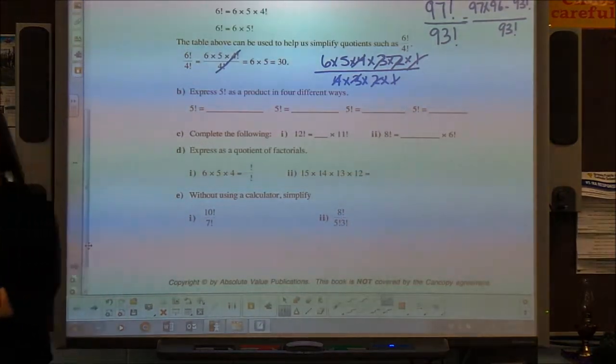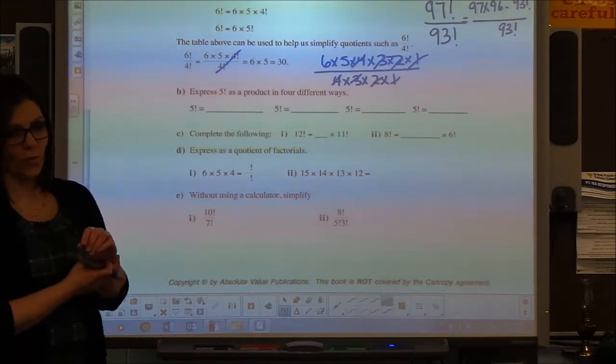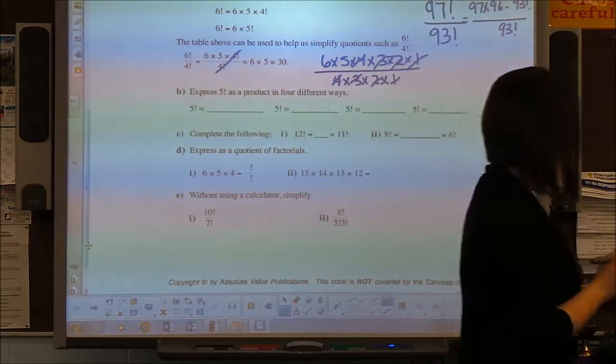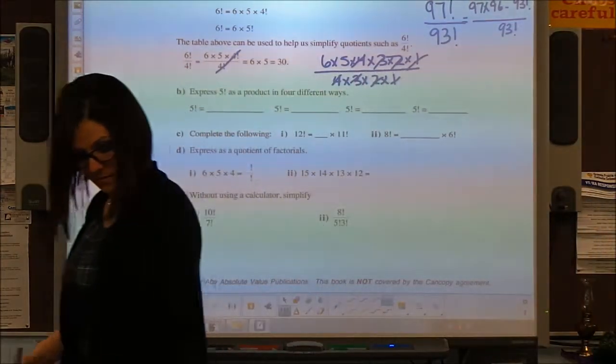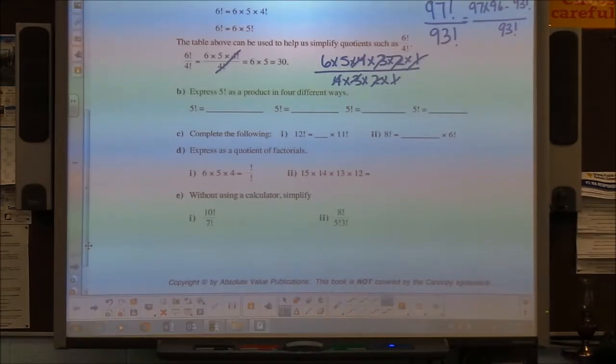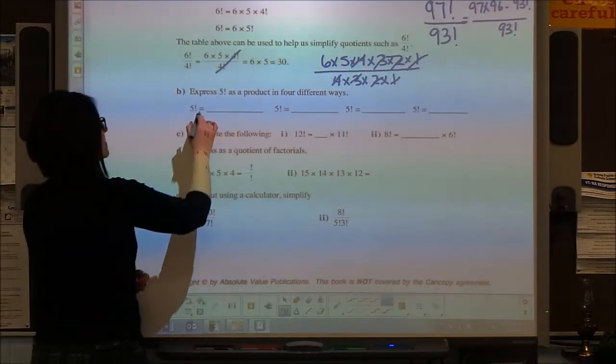So now if we just do some practicing with this, it says express 5 factorial as a product 4 different ways. So how can I express 5 factorial? What's one way that I can write 5 factorial? 5 times 4 times 3 times 2. Yep.